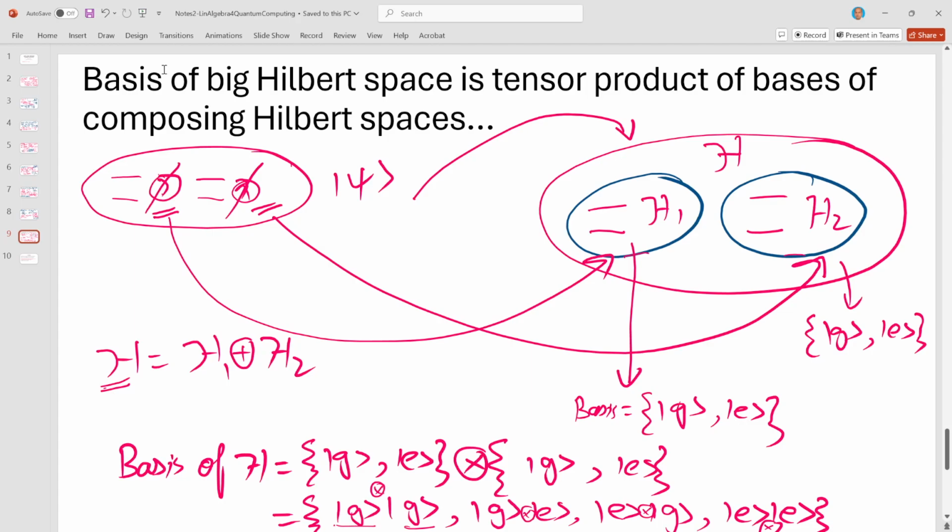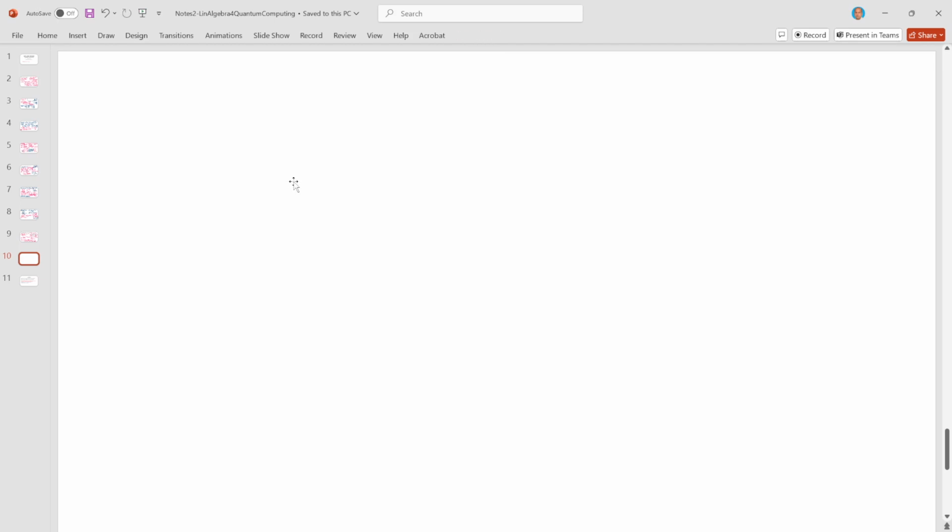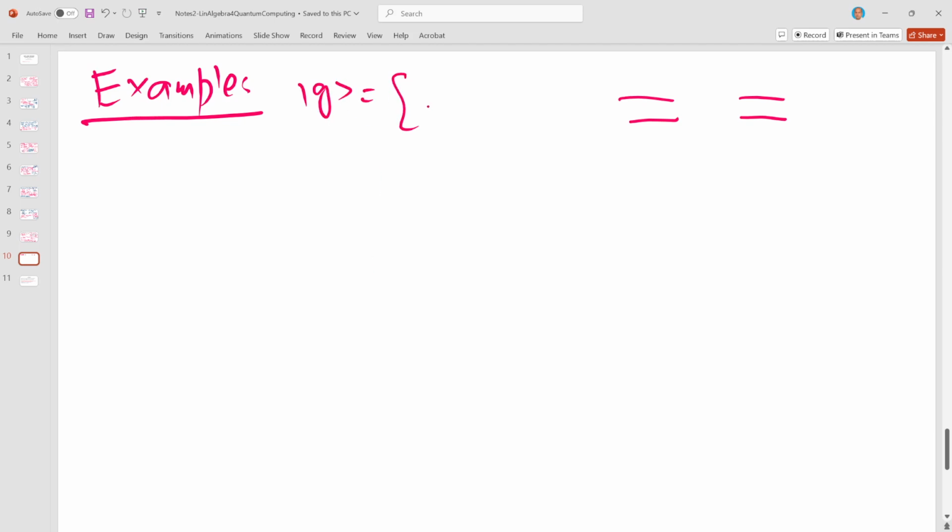Okay, and actually let's just expand it a little bit, because this might come in handy later on. Let's take an example of a composite Hilbert space. Suppose I have this two-level system and this two-level system. Let me write the first two-level system with the ground state labeled (1, 0) and the excited state labeled (0, 1).